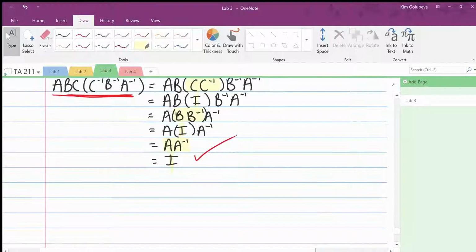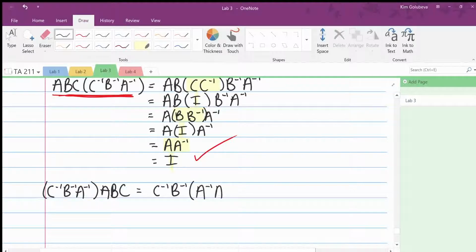Now we have to check the opposite way. So now we have to put the supposed inverse on the left. Same sort of steps here. We're going to rebracket it so that we have something that looks like what we want it to look like.